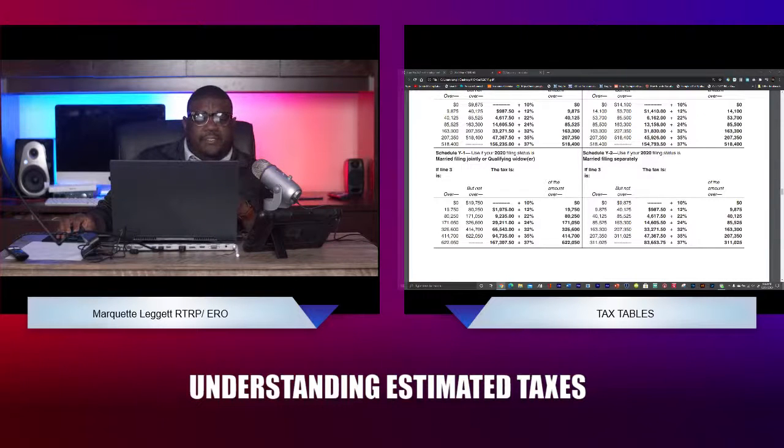So 19,750 to 80,250 is taxed at 12%, plus you have to add $1,975 to it. Anything that's over 19,750.